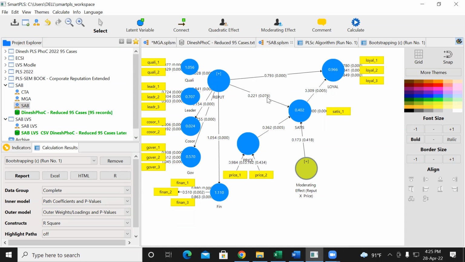We will assume this is also around 0.05, therefore significant. Now all three paths are significant. The direct path is significant, and the indirect path is also significant. Now what's the conclusion? Simply, you can report these three paths and talk about Baron and Kenny's guidelines when you report that one. What's the conclusion? Whether there is a mediation of satisfaction or not.